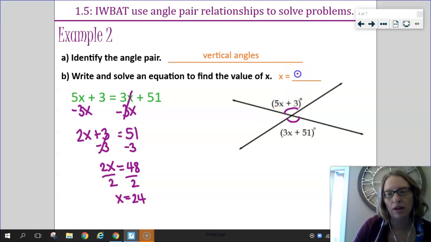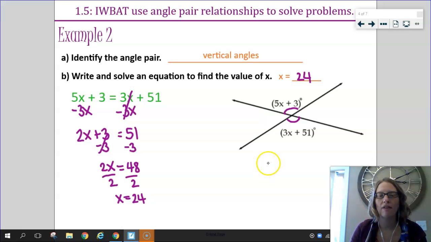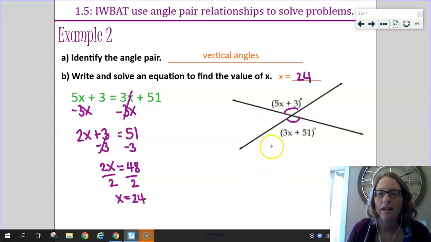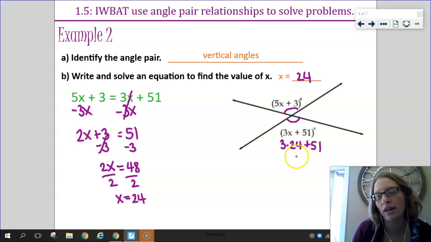We can go ahead and plug that into our answer to make sure that we answer the question and find the value of x. Now, one thing it does not ask us to do is plug in and find the value of the angles. However, I could do that to check my work. I could take 3 times 24, which should give me 72, plus 51, and 72 plus 51 adds up to a total of 123 degrees.